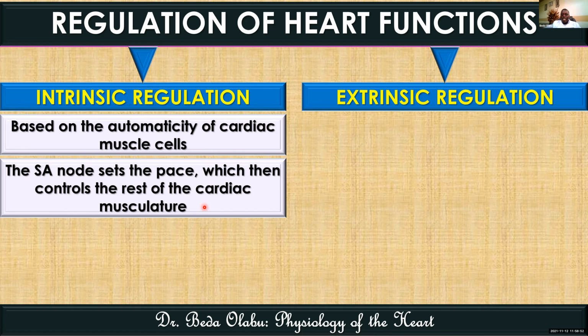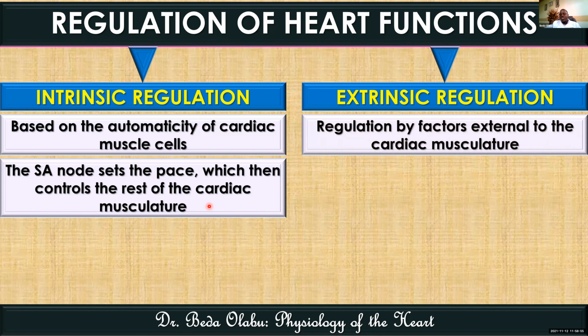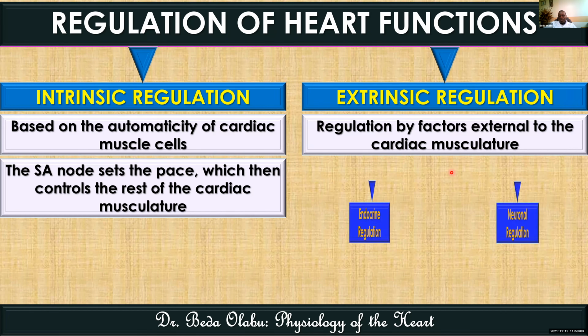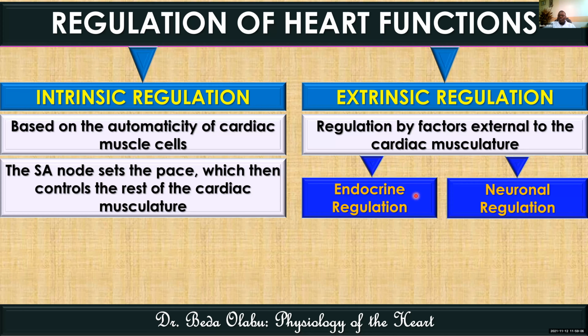Then we have extrinsic regulation. Extrinsic regulation refers to regulation by external factors. The external factors here would be either hormones, that's what we call endocrine regulation, or the nervous system, and that is what we call neuronal regulation. The hormones that are likely to have influence on the heart are the catecholamines, primarily the epinephrine, that is adrenaline.